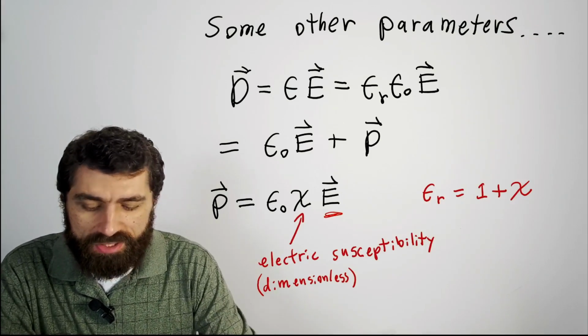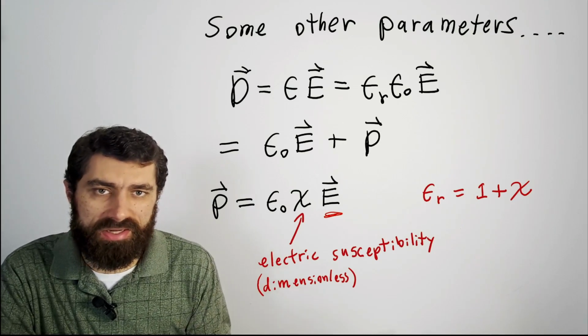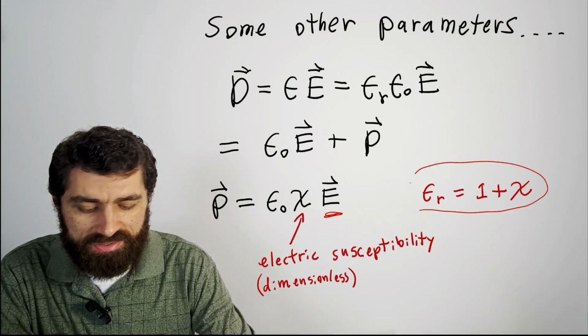And the relationship between electric susceptibility and relative permittivity is this.